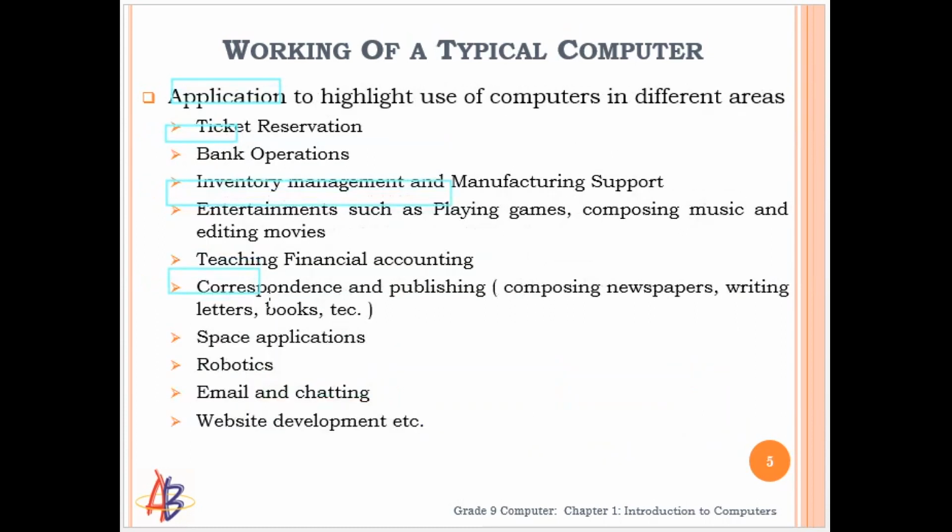Next, based on this, there are various applications where you can find computers being used.